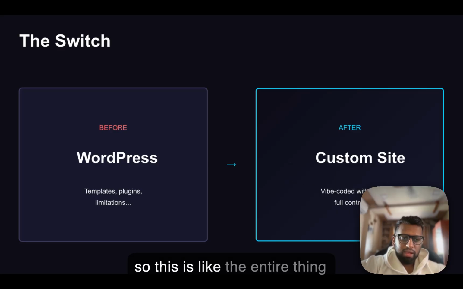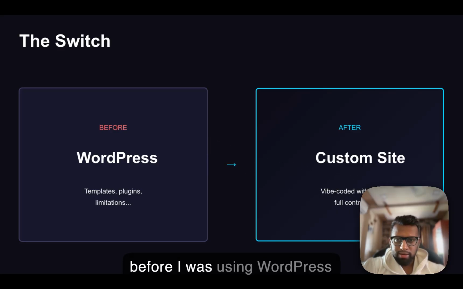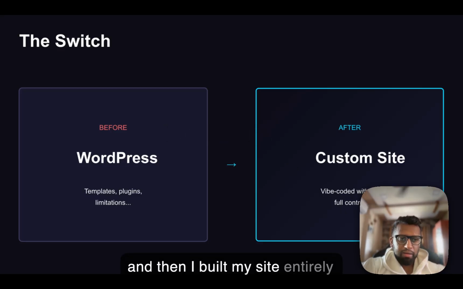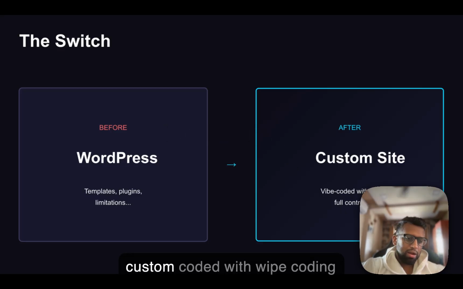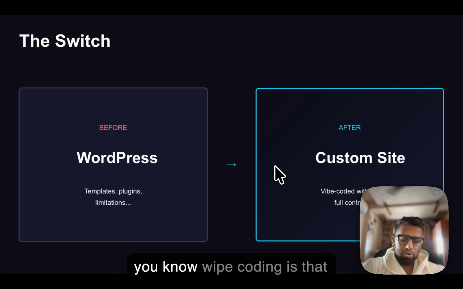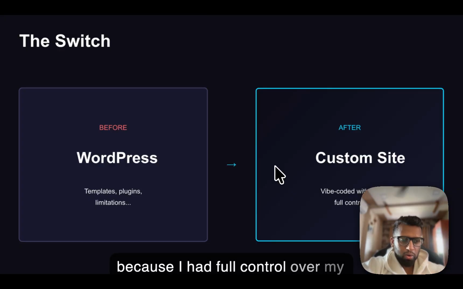So yeah, this is the entire thing. Before I was using WordPress, and then I built my site entirely custom coded with vibe coding. The reason I switched to vibe coding is that I had full control over my site.